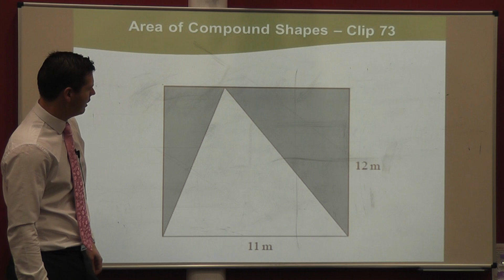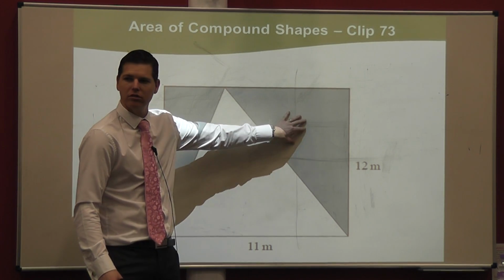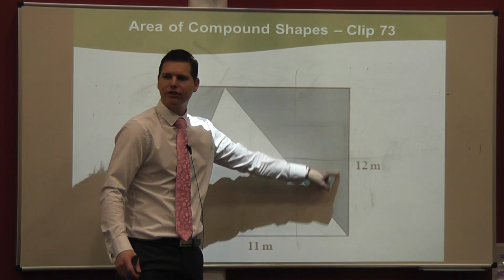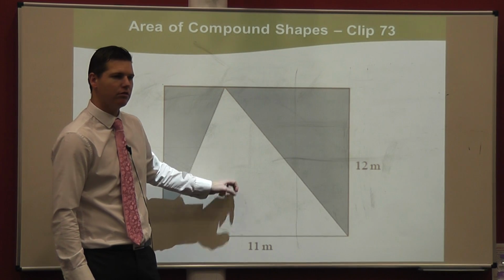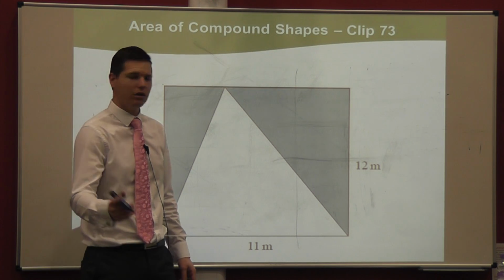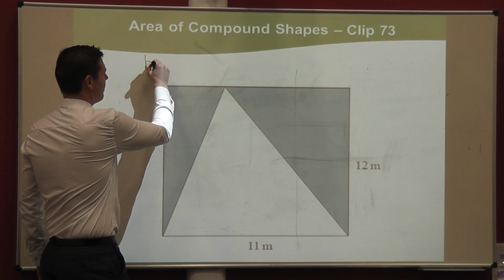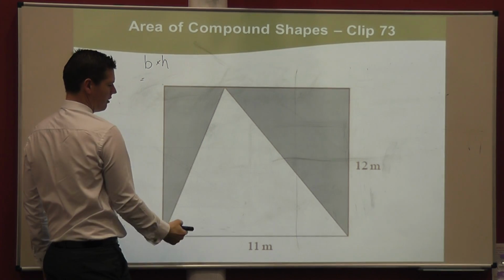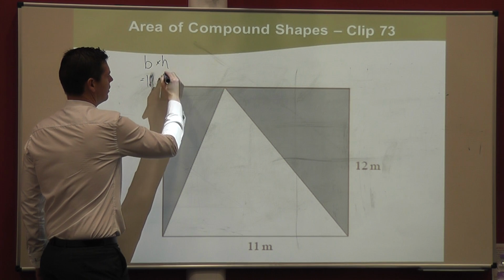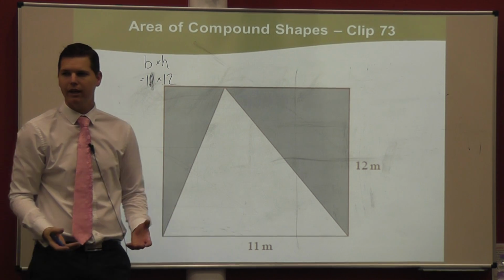If I wanted to work out the area of, say, the shaded sections, what would I do? I take the rectangle, and if I gave you a pair of scissors and a bit of paper, how would you get rid of this? You cut it out, you take it away. So here, the area of a rectangle is base times height, which in this case is 11 times 12. Work that out.